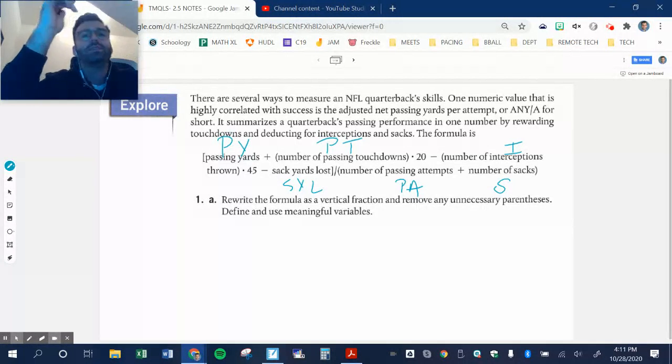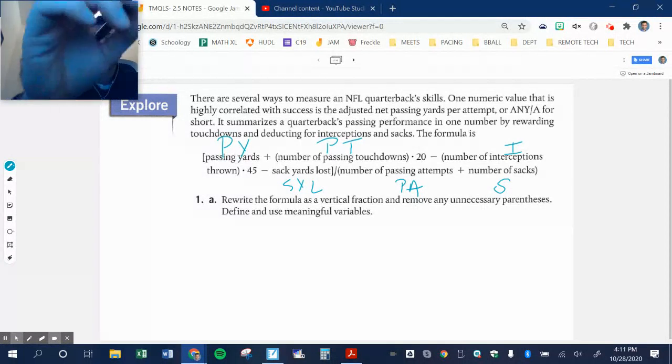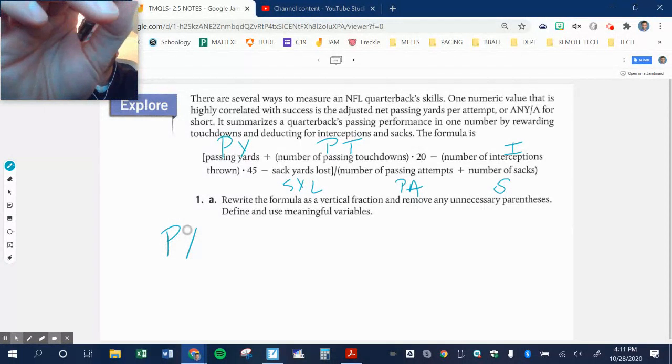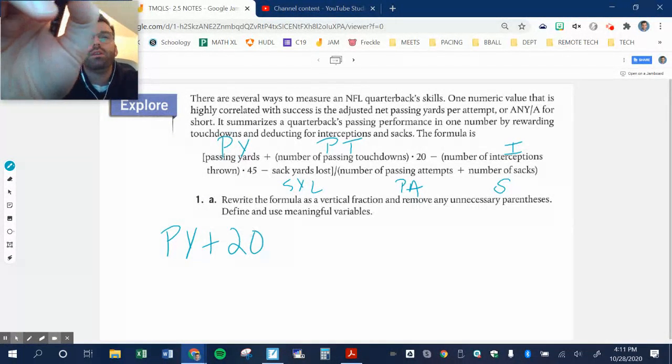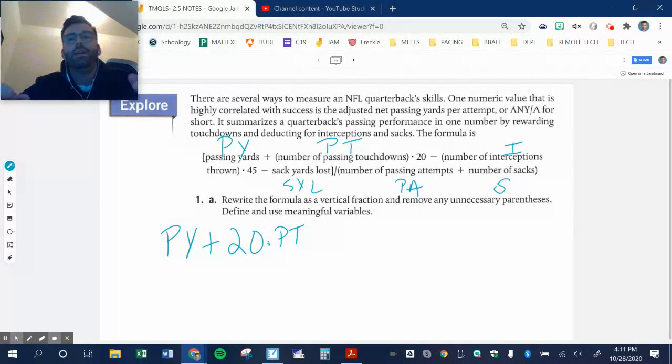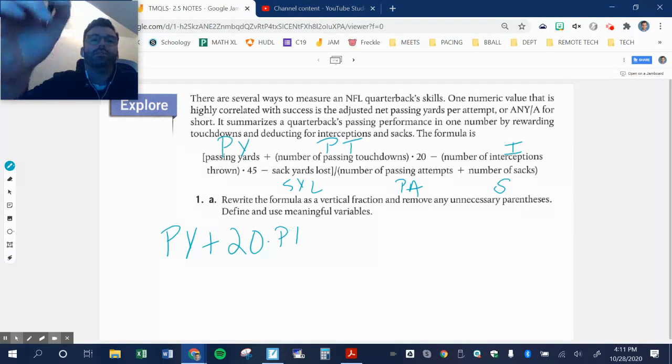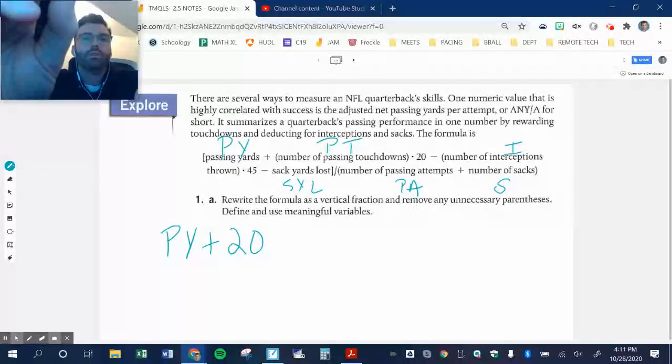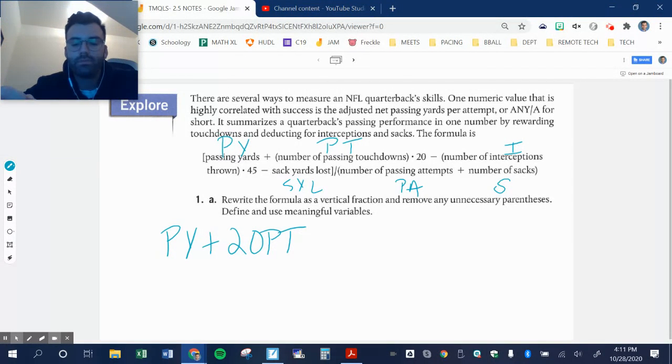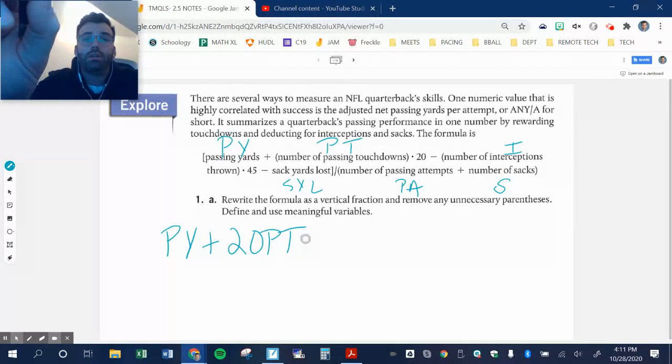It says passing yards plus the number of passing touchdowns times 20. So I'm going to go PY plus 20 passing touchdowns, so 20 PT. Now I know that it's written as PT times 20, but whenever we write variables like 2x, the 2 always comes before. If it was 20x, the 20 is attached to the front. Minus the number of interceptions times 45, so minus 45I.